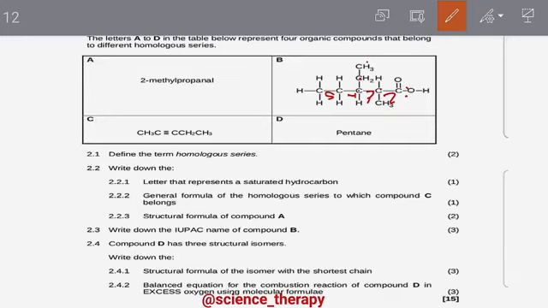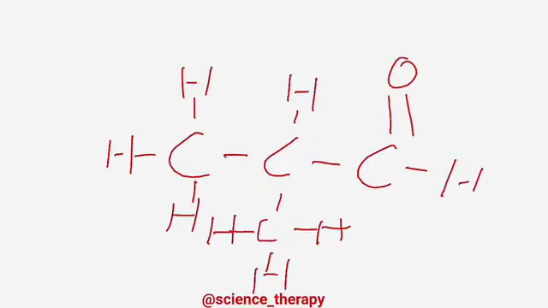Then let's look at the substituents that we have. We have in number 2 our methyl branch, and in number 3 we have our ethyl branch. Now if you can still remember the alphabetical order rule, it says ethyl will always come before methyl because E comes before M. So this is how we're gonna have it.